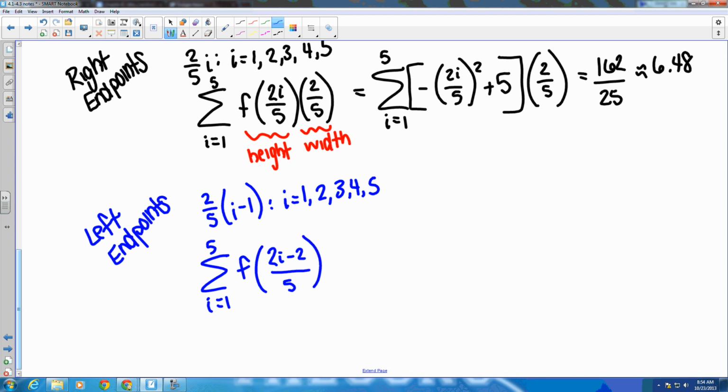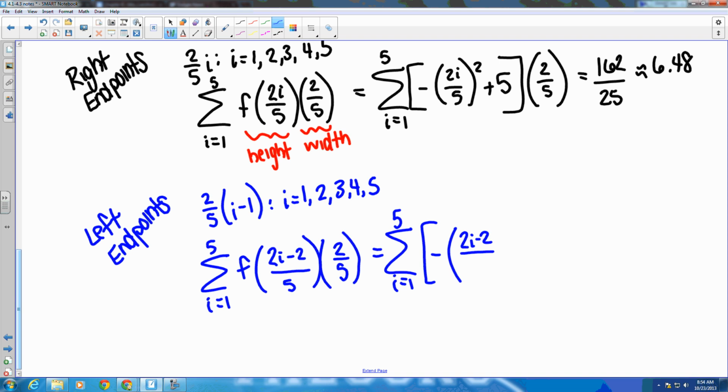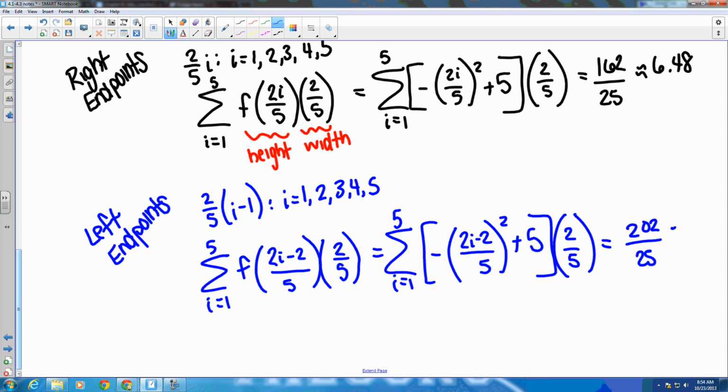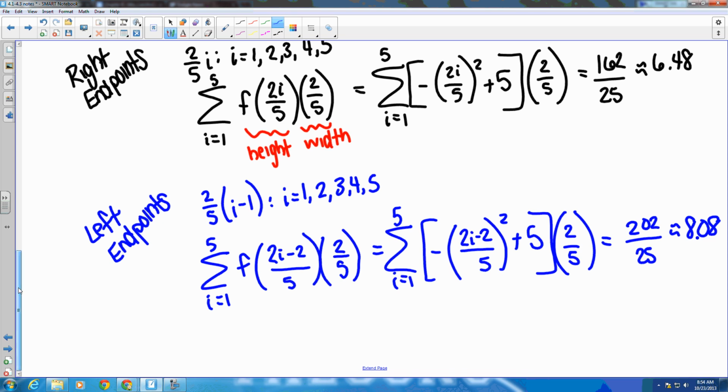I distributed the 2 into the i minus 1, which is how we got 2i minus 2 times 2 fifths. Now we put that into our function. Skipping the hard stuff, you can also just type that into your calculator to find the summation. We get 202 over 25, which is about 8.08. Because we have the right endpoint approximation and the left endpoint approximation, we know that our area is going to be somewhere between those two.